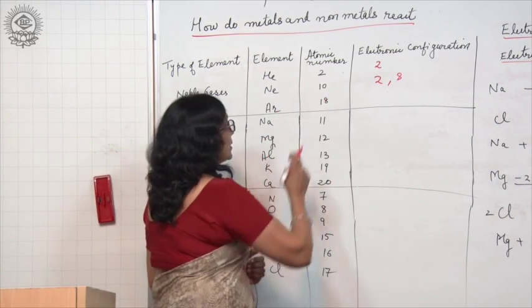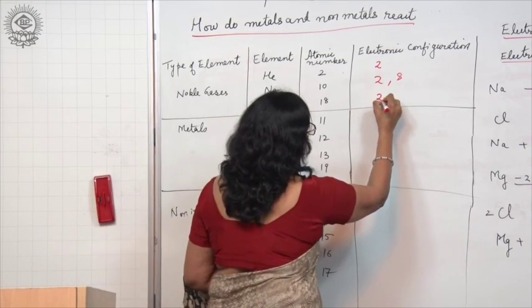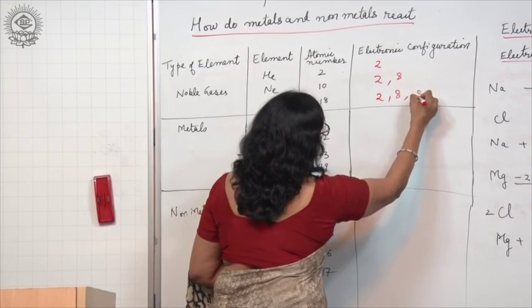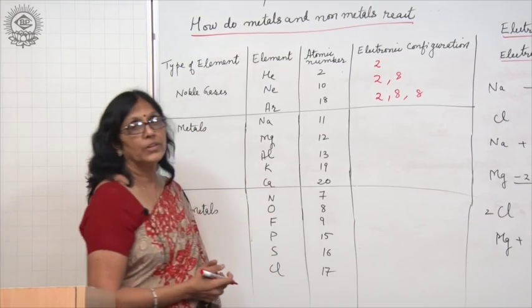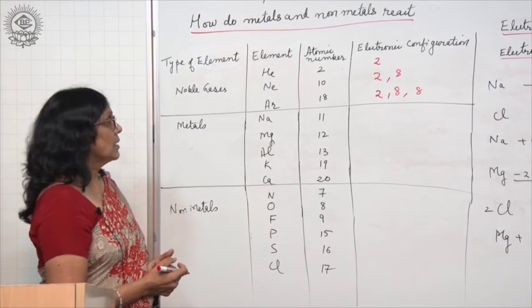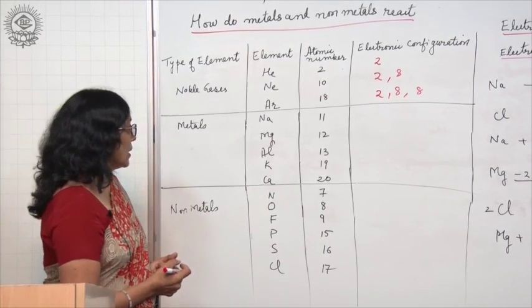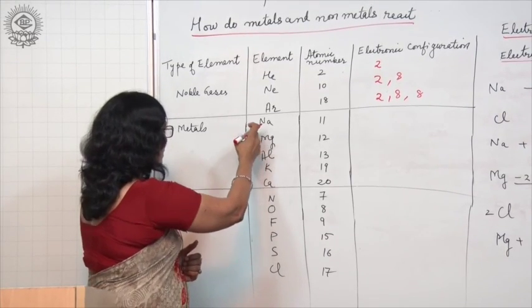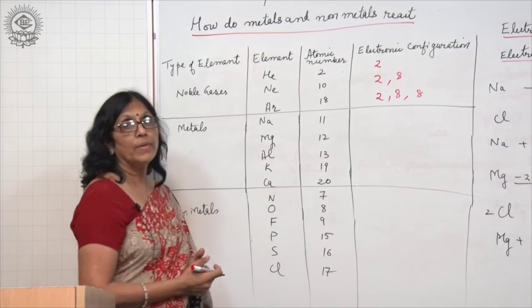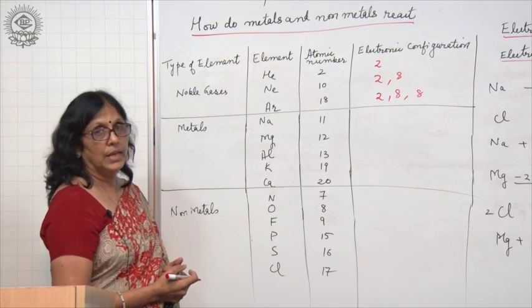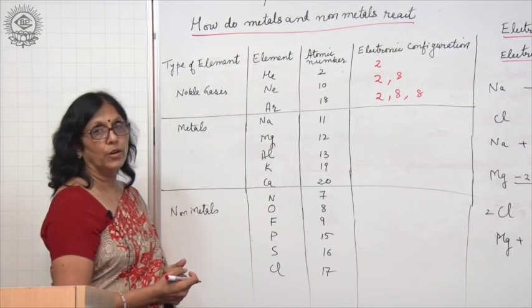Similarly, argon has 18 electrons, so its electronic configuration is 2 8 8. Argon is also inert in nature, chemically inactive. Now, let us study the electronic configuration of metals and nonmetals. Then we will come to know why metals and nonmetals react.